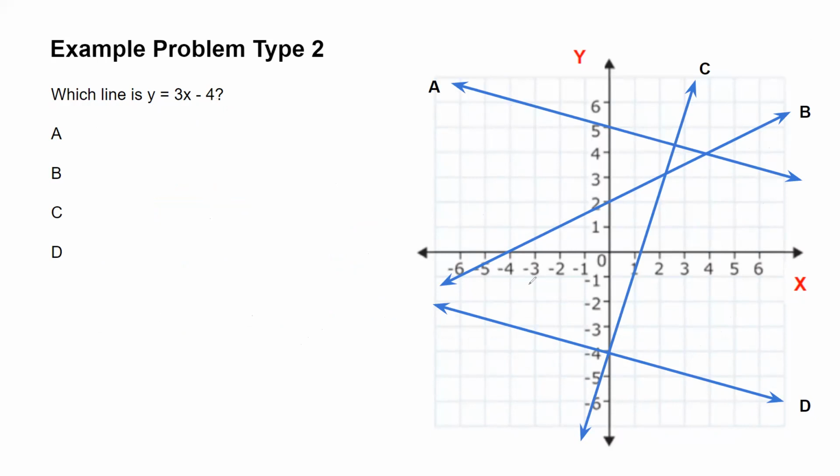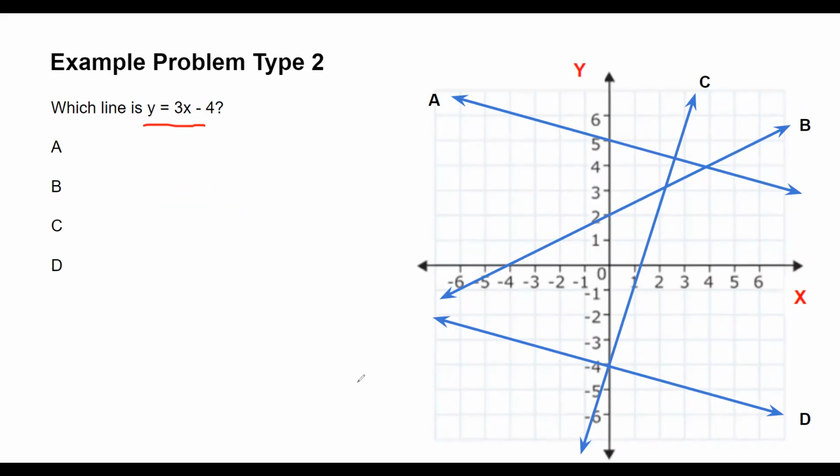There are 4 different lines on this coordinate plane, and we're being asked to find which one of those is this. We can use that same table method to find 2 points that are on this line, and then go to our coordinate plane and see which line those 2 points are on.